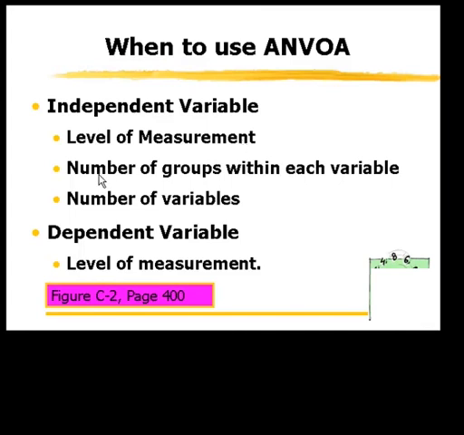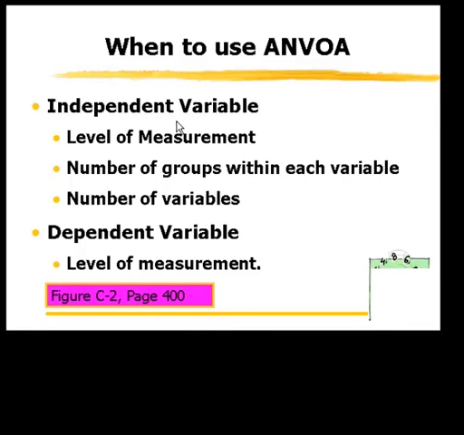So in summary, the independent variable is at the categorical or ordinal level of measurement. We look at the number of groups within each variable, and if we have 3 or more, we use analysis of variance. With a t-test, we'd only have 2 groups, whereas in this case we can have 3 or more. The other thing, finally, is that with analysis of variance, the dependent variable is at the continuous or numeric level of measurement.